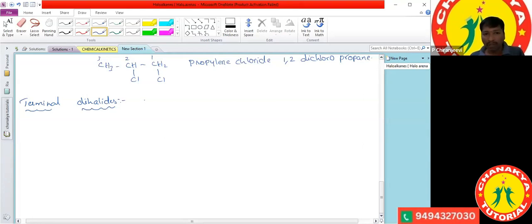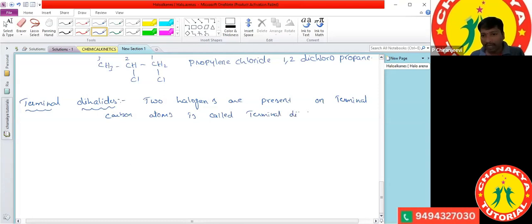Two halogens present on the terminal carbon atoms is called a terminal dihalide.